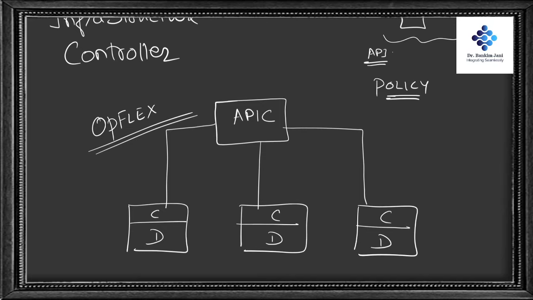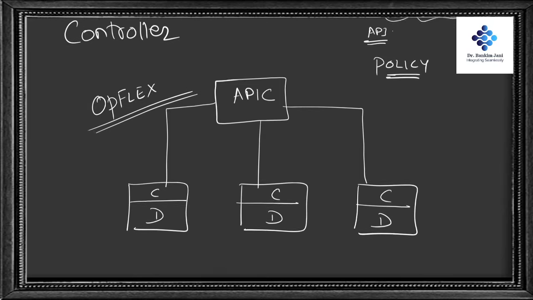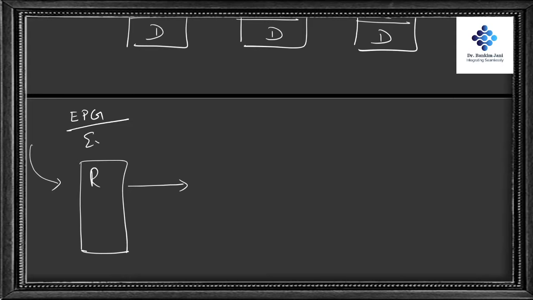Now let's take one example of this policy, to see what this policy can really do. How is it so good? So it will say, okay, this is your router, this is your simple router, no problems, right? This router, and there is some request from outside, and they said that all of them will be called the EPG, endpoint group.